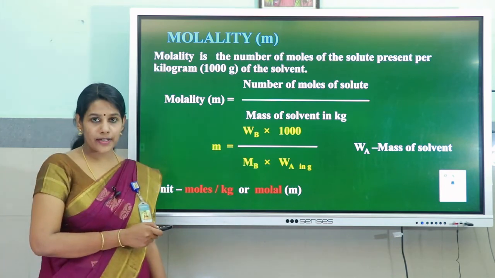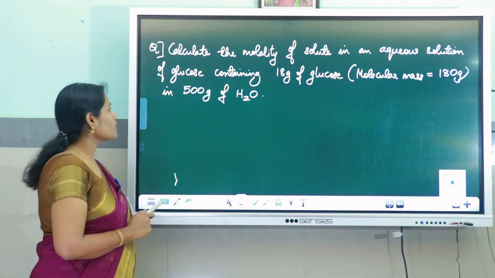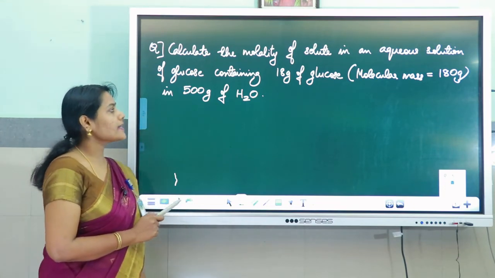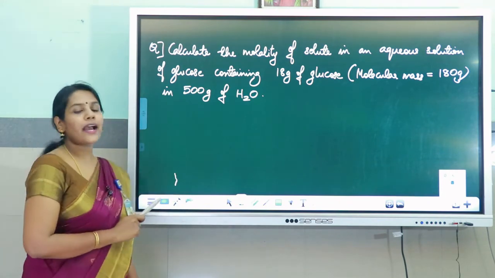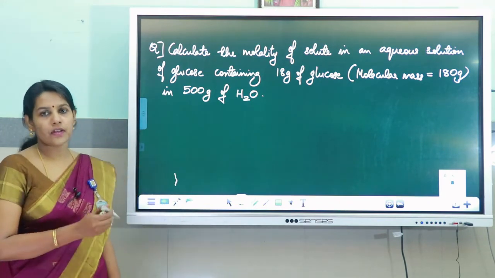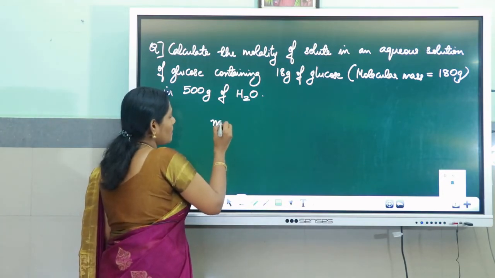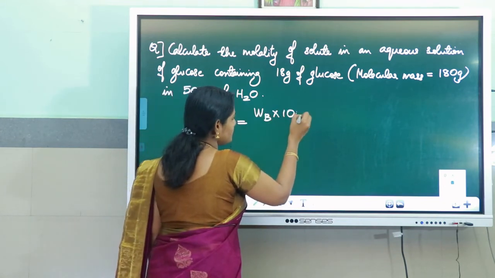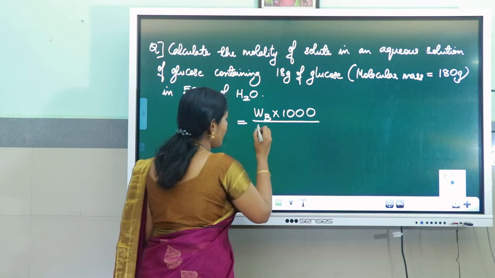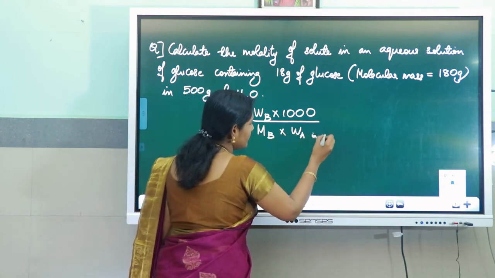Now let us do one numerical problem. Calculate the molality of solute in an aqueous solution of glucose containing 18 gram of glucose. Molecular mass of glucose is 180 gram in 500 gram of water. So we know that molality m is equal to Wb into 1000 divided by Mb into Wa in gram.